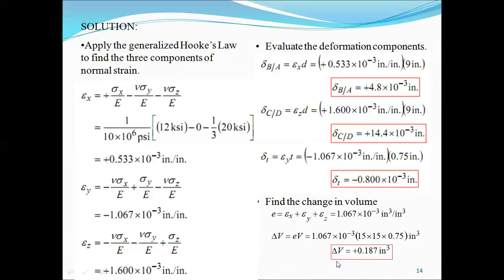After calculation, the change in volume is equal to plus 0.187 inch cubed. Plus means an increase in volume. In this case, when we subject the material to the loading, sigma x and sigma z are both tensile, so the overall volume change will be positive. We see an increase in the volume of the material.